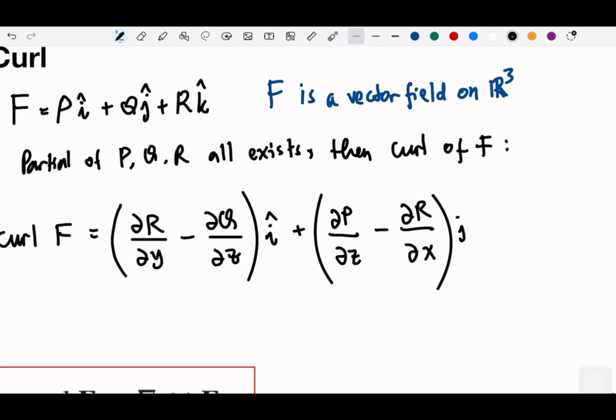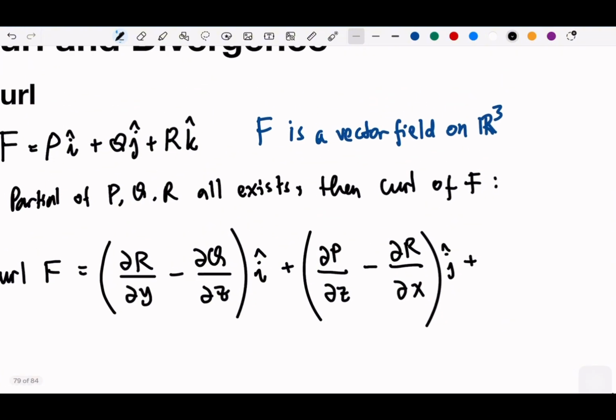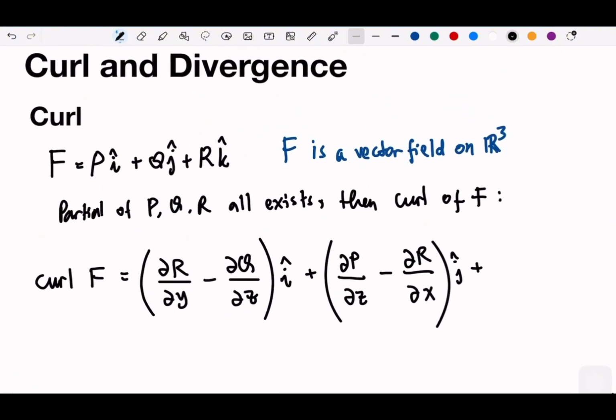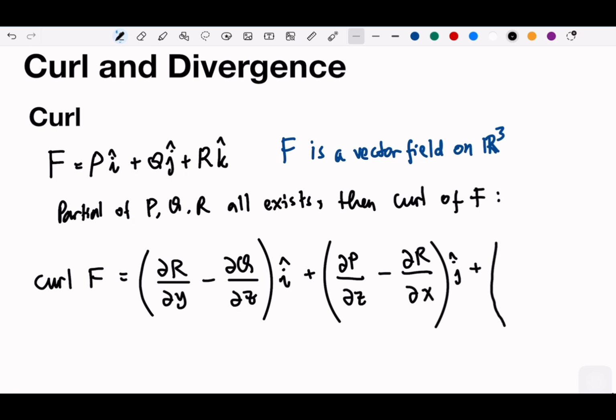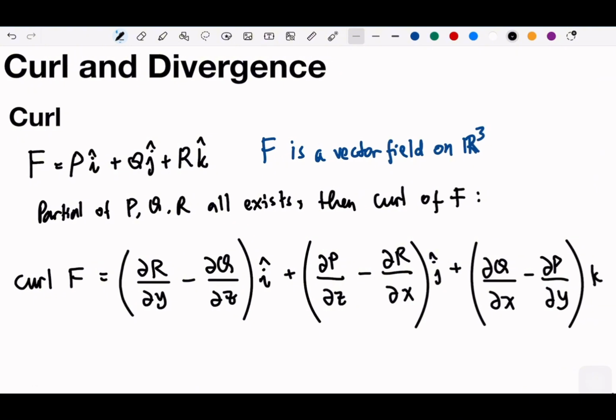This is for J, plus this will be del Q del X minus del P del Y. Okay, so first we start with these definitions.